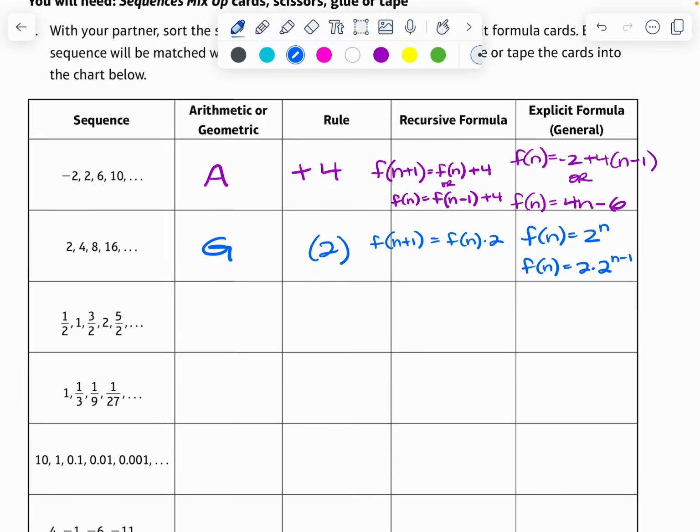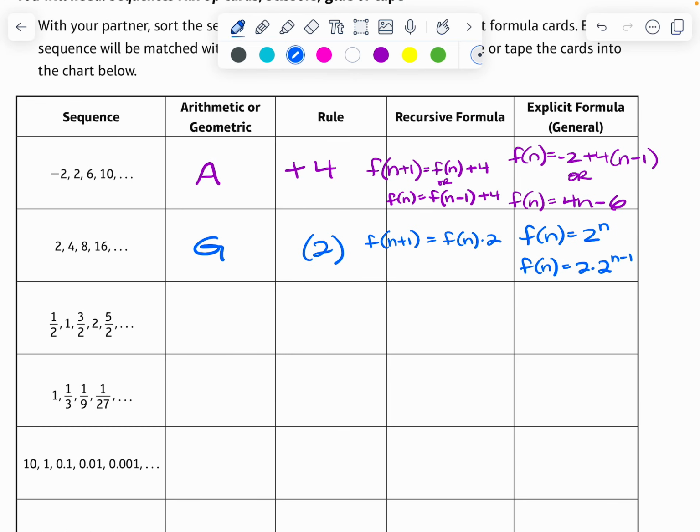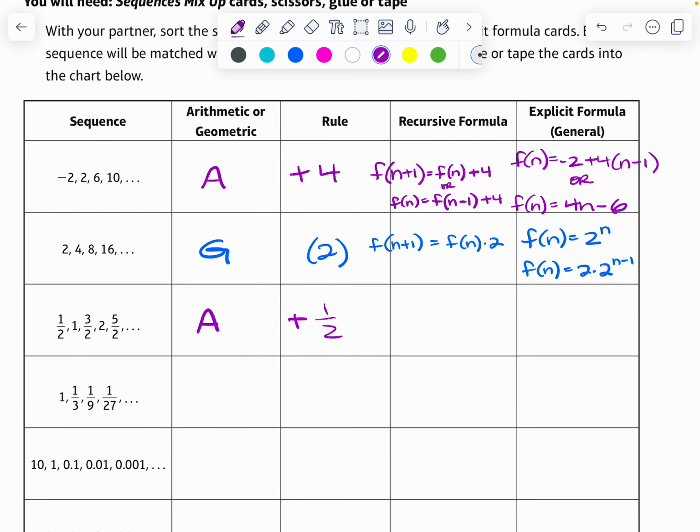All right, let's go to the next one. 1/2, 1, 3/2, 2. It looks like it's getting bigger, like it's adding. Yep, it's adding by 1/2. So it's arithmetic. I'm going to do f of n equals, I like to start with the first term, 1/2, plus 1/2 times n minus 1.